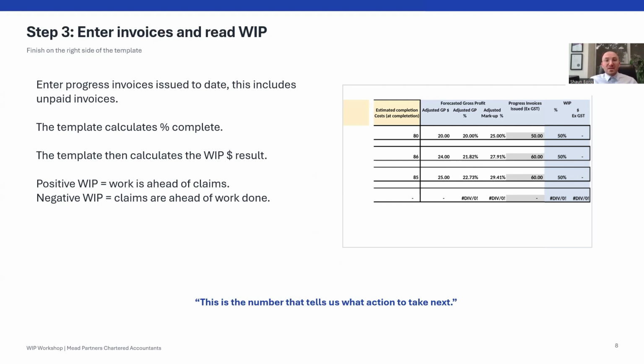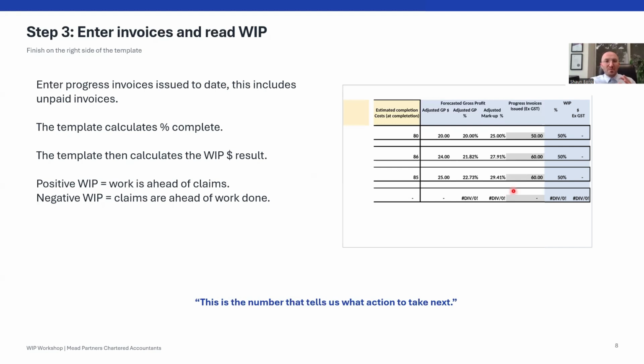The template then calculates our percentage complete and calculates our WIP as a dollar result. The WIP as a dollar result is our adjustment to revenue earned or gross profit. So this is our percentage of completion, and this is our column for our dollar adjustment.